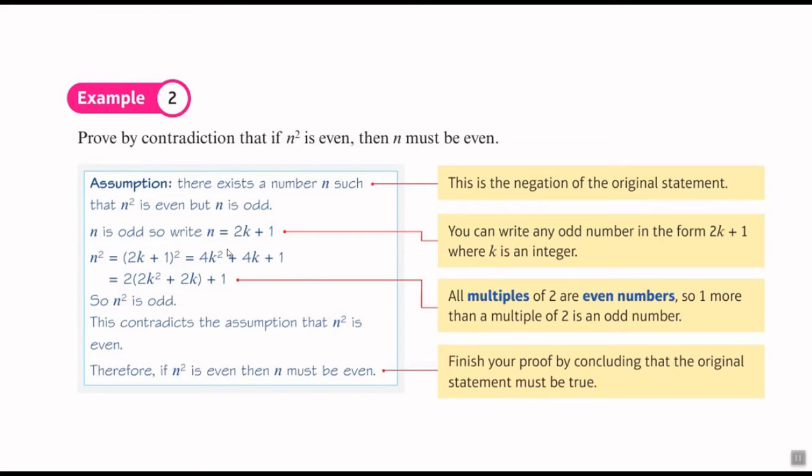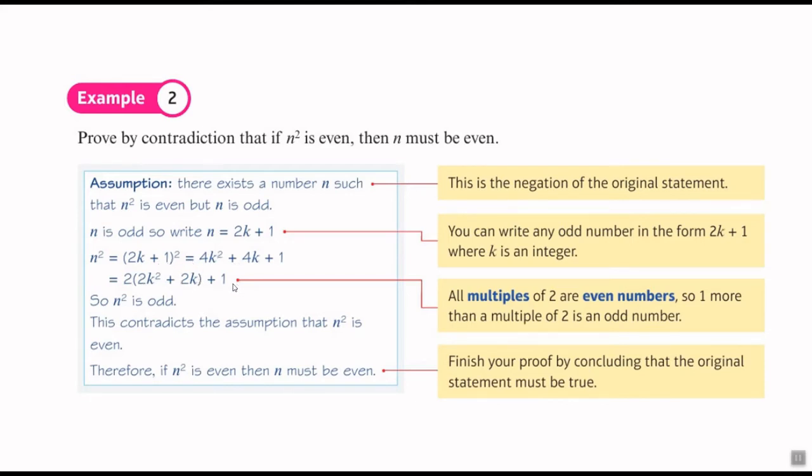Now we can take 2 out as a common factor from the bracket. Then it gives 2 times (2k squared plus 2k), close bracket, plus 1. These are all multiples of 2, so an even number.